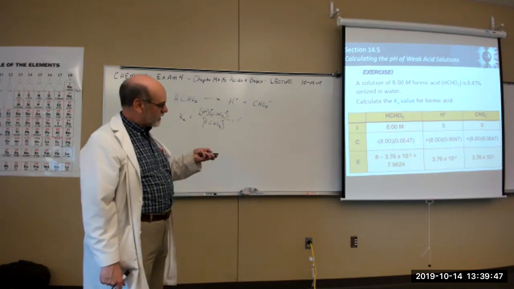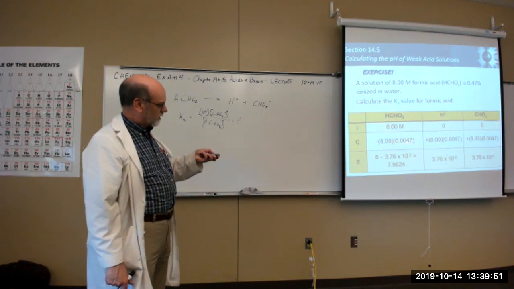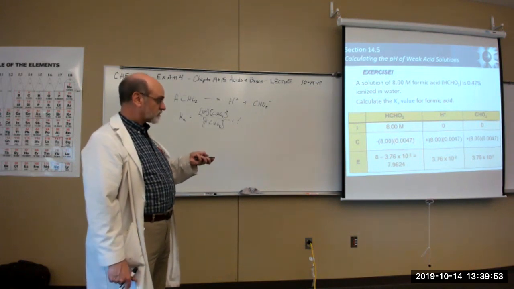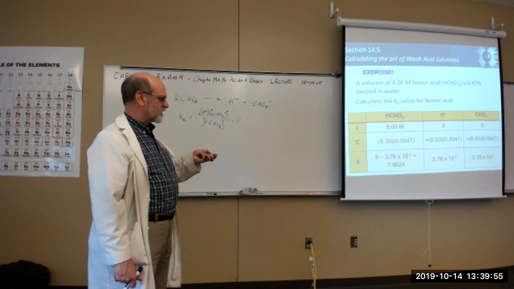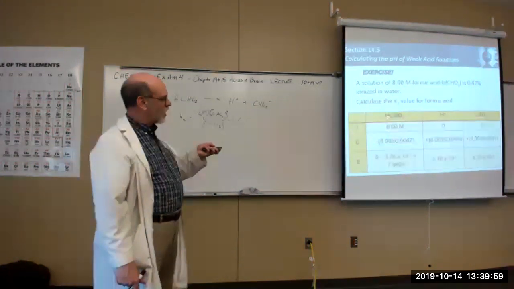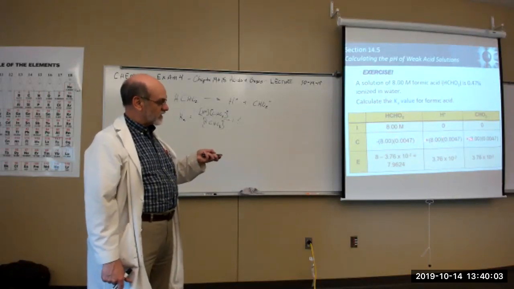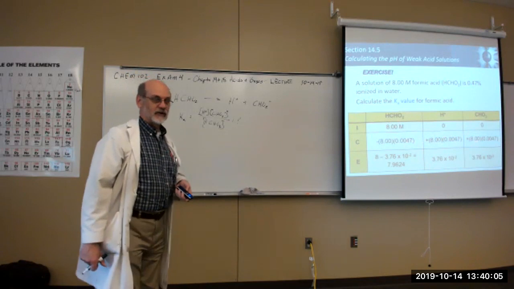That's why this and not that is used, right? So 0.0047 times 8 is how much was lost here. And since it's a 1-to-1, that's also how much was gained here and here. Okay?